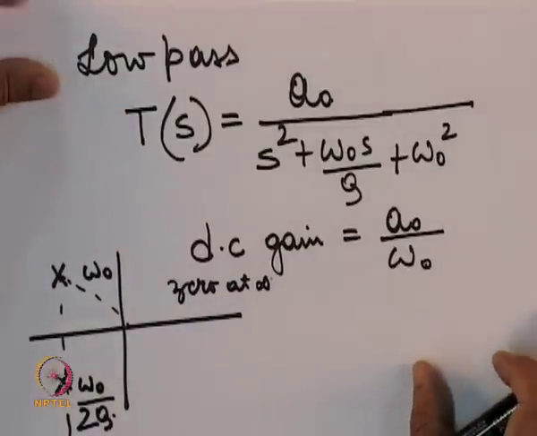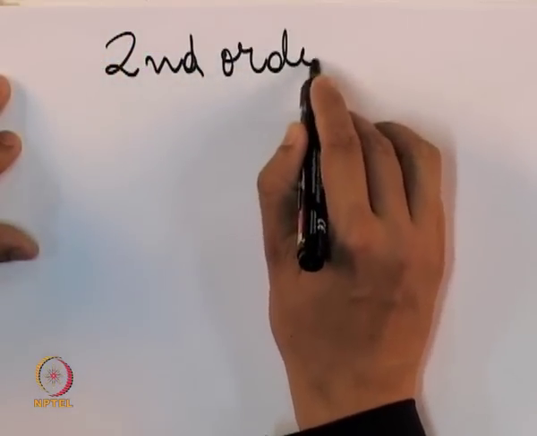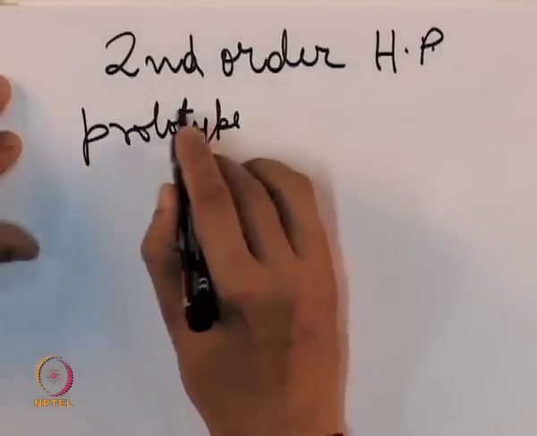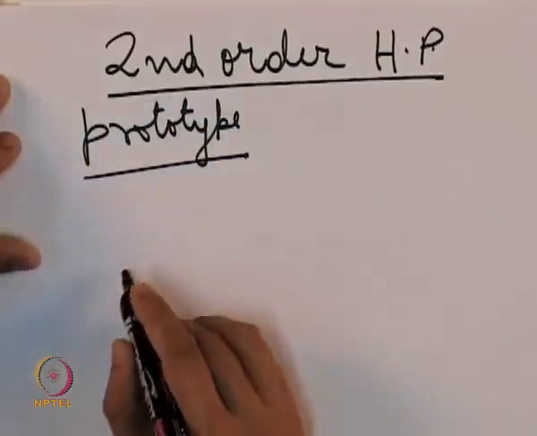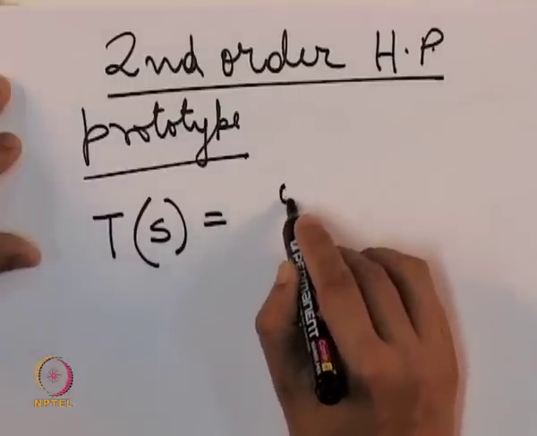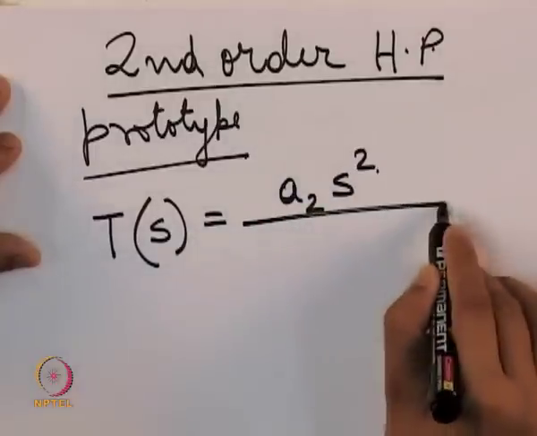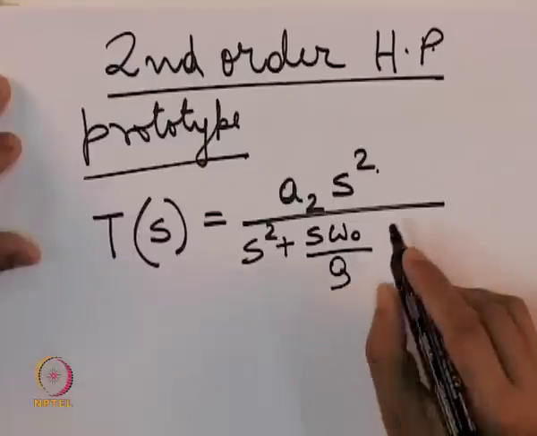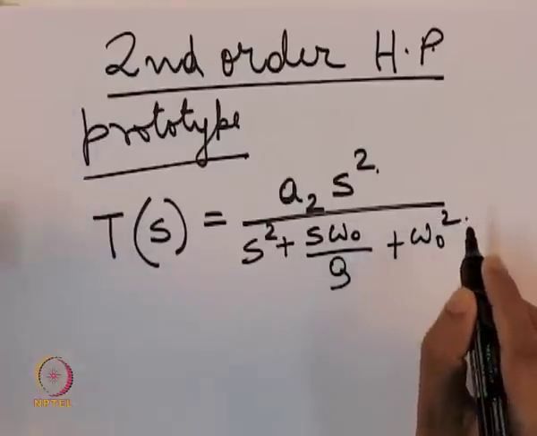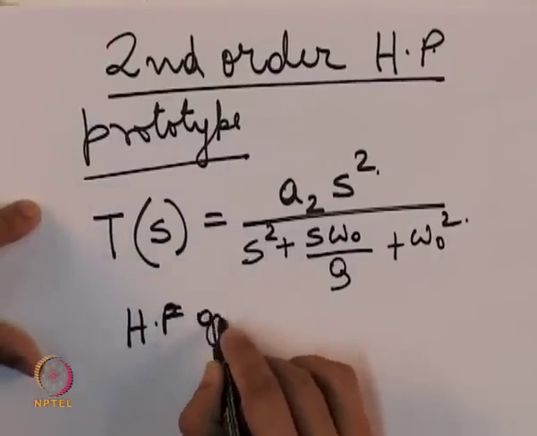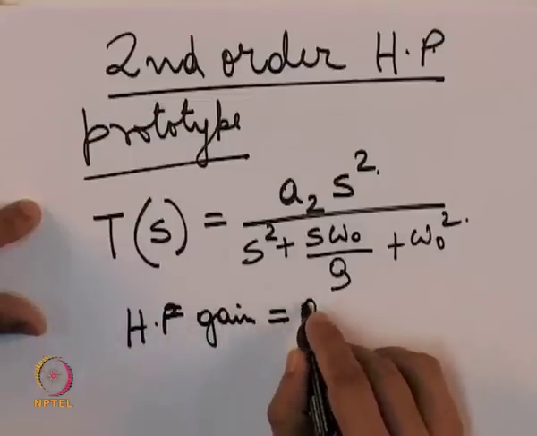Then for the high pass prototype, high frequency gain or gain at infinity is equal to A2.